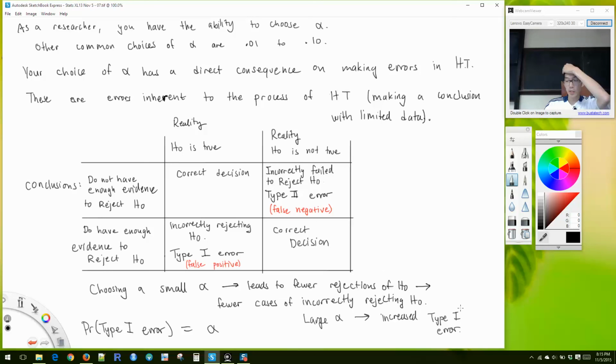And on the flip side, if you are rejecting the null less often, you are now increasing the risk of type 2 error. Just because inherently, if you're rejecting less often, that means you're not rejecting more often, because you're either rejecting or not rejecting.